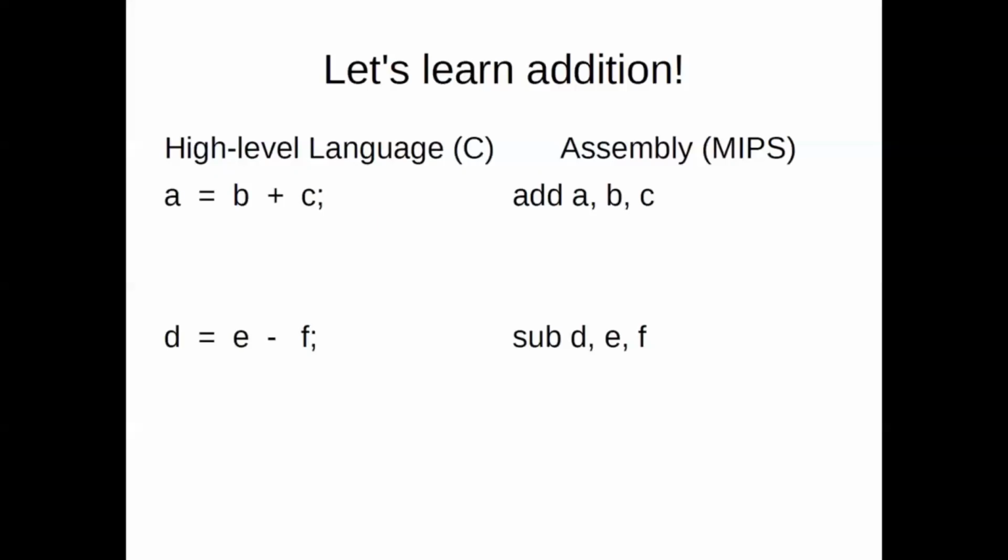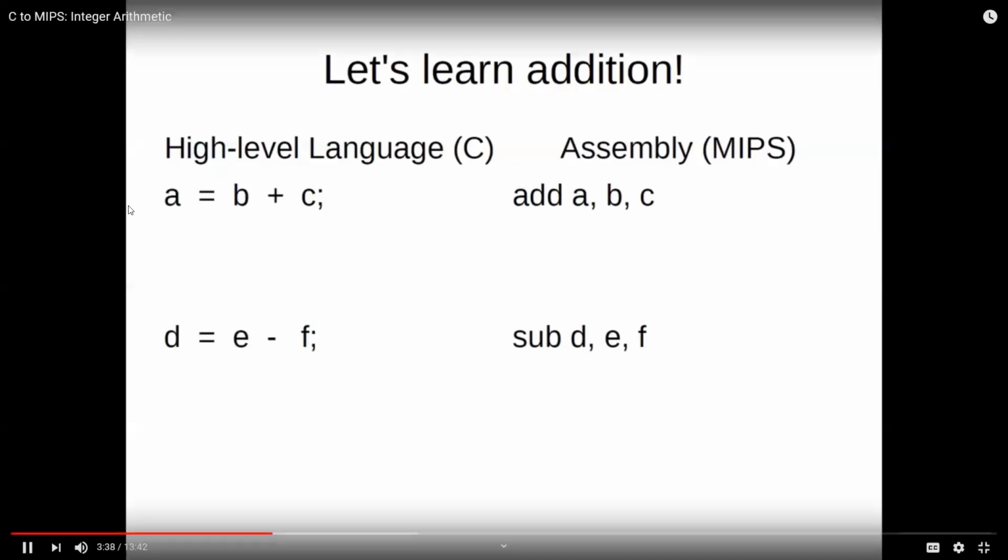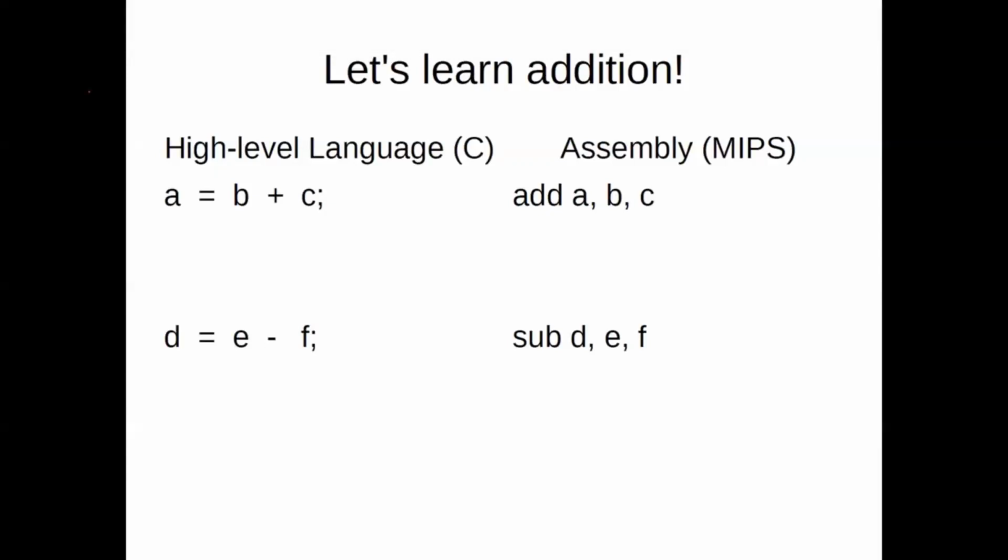Now, different assembly languages will have different orders of operands. In MIPS, the destination operand usually occurs first in the list of operands. So the destination operands here, A and D, appear first before the argument operands. The order of operands is important. Now, we can't actually use these variables A, B, C, D, E, F directly.